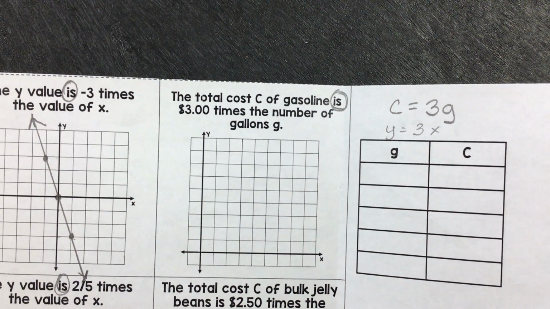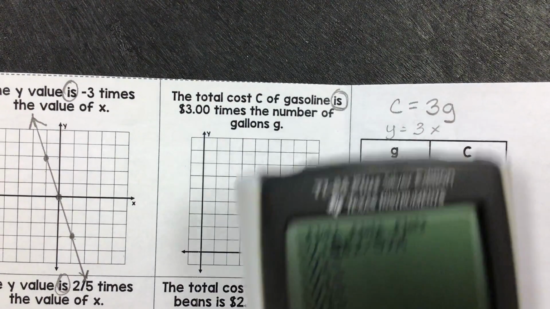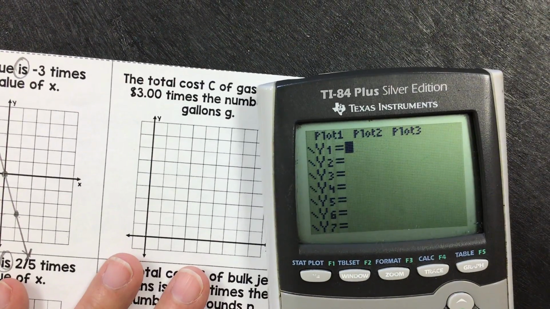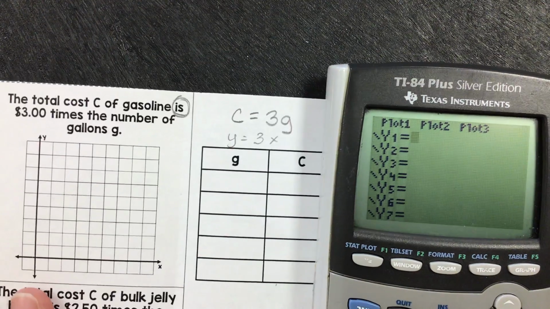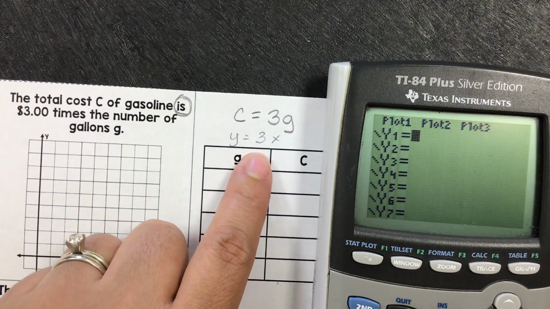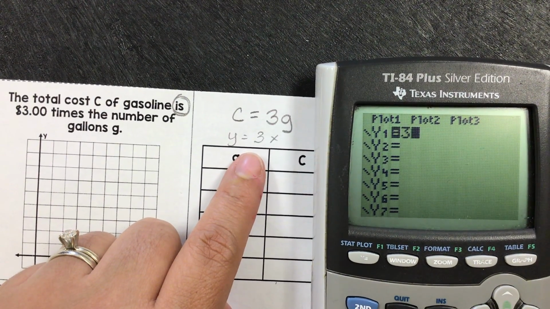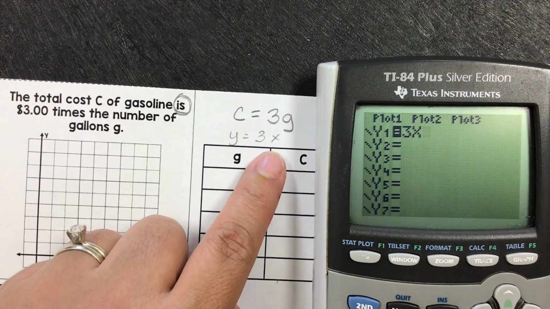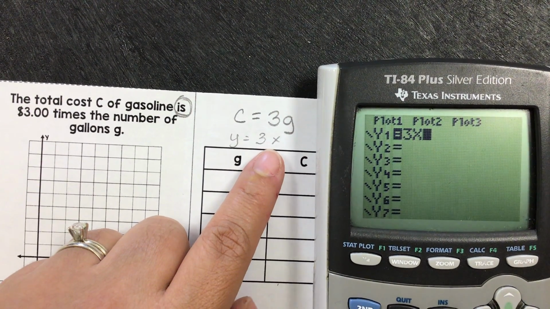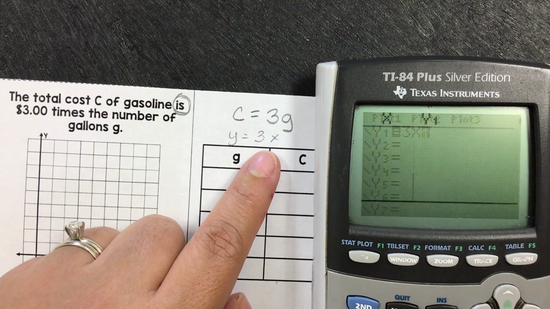Why does that matter? On your calculator, you cannot put a G in or the G will not be read correctly. So you still have to use x and y values. So 3x is how you put it in the calculator, even though it'll say G. Hit second graph.